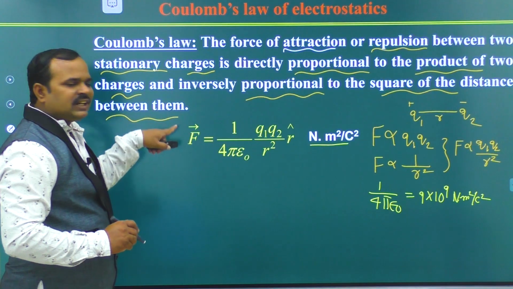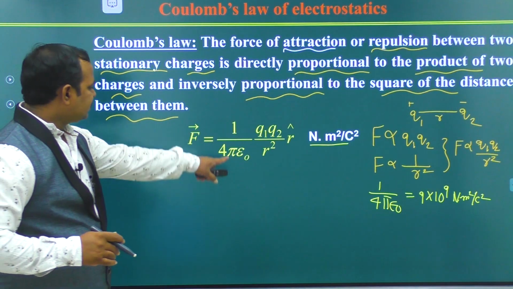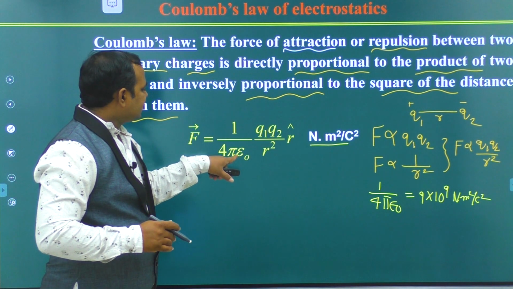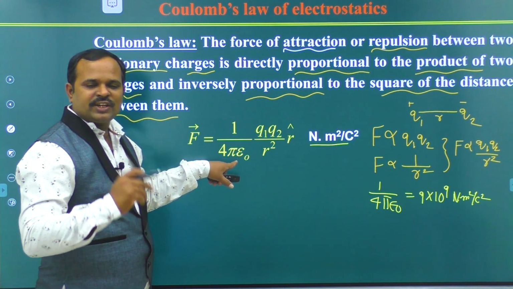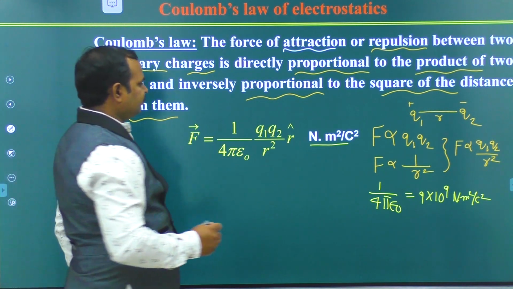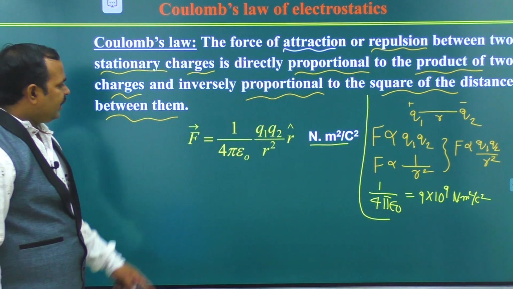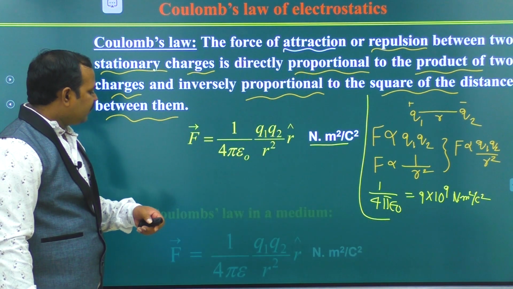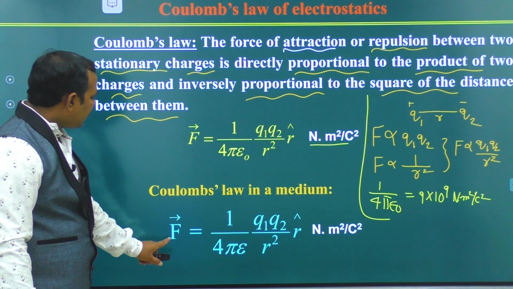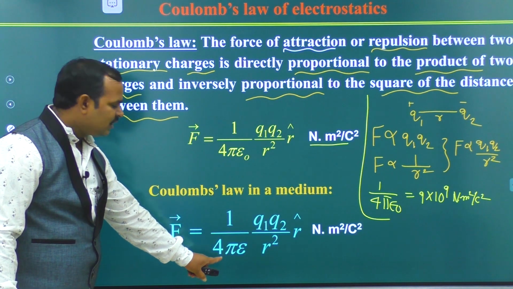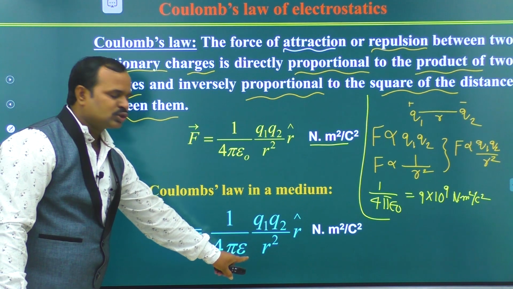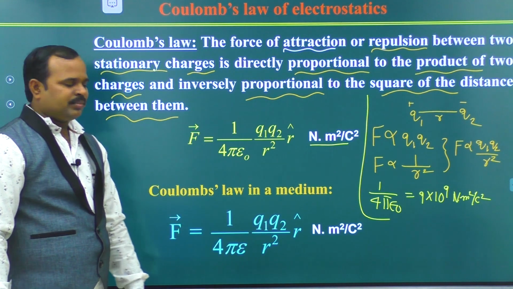This is the case if the charges are present in air or vacuum. If the charges are present in a medium, then we can write Coulomb's law in a medium: F bar is equal to 1 by 4 pi epsilon Q1 Q2 by r square into r cap.